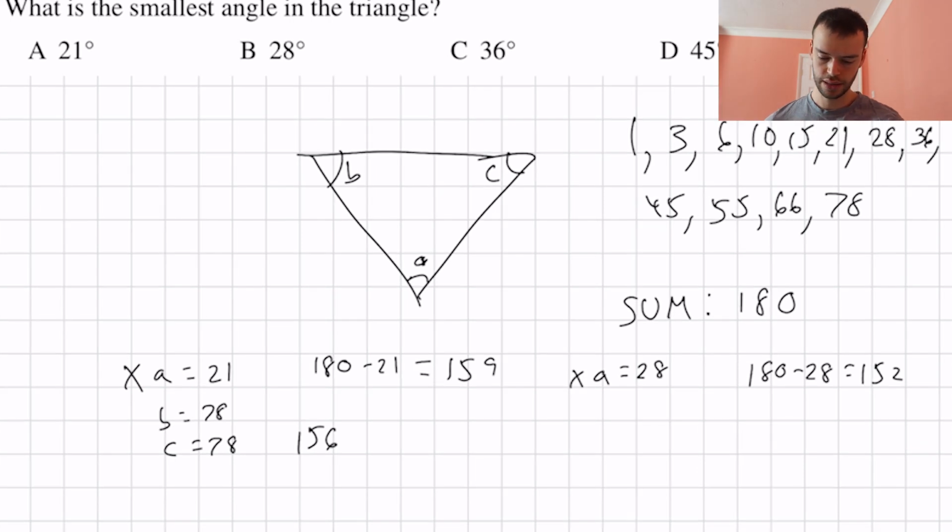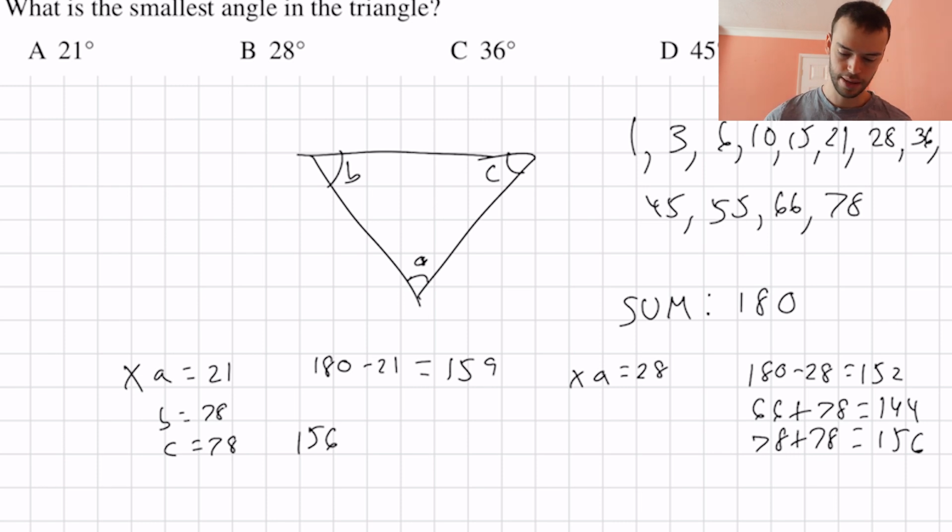When I do 66 plus 78, I get 144. And when I do 78 plus 78, I get 156. So I can see that I can't reach my target of 152 from 2 other angles. Therefore, A cannot equal 28, and we should try the value above that, which is 36.